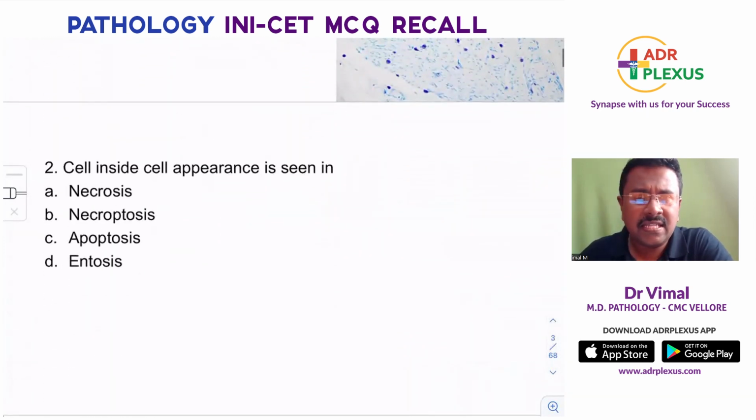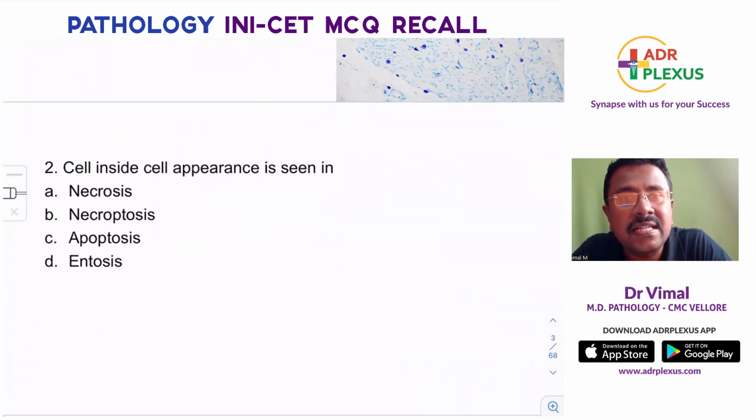Now moving on to the next question: cell inside cell appearance is seen in. The options given for this question, according to your recall, were necrosis, necroptosis, apoptosis, and entosis. Many of you would have ruled out the options.